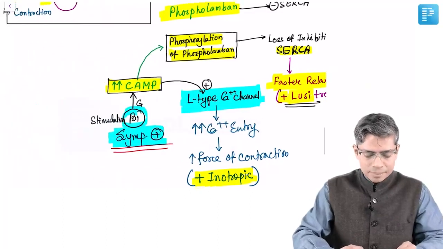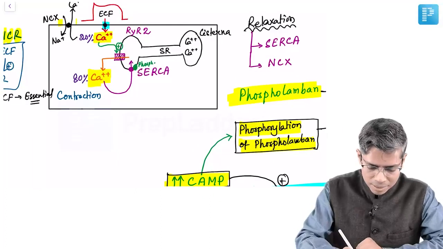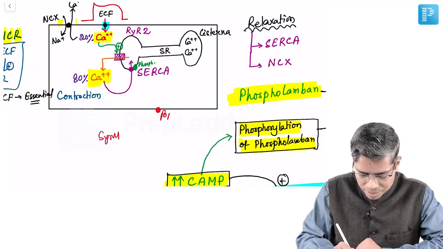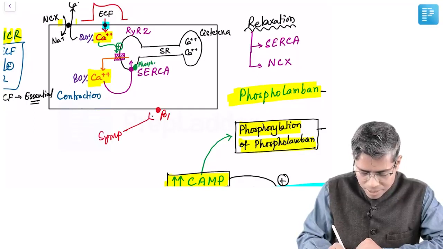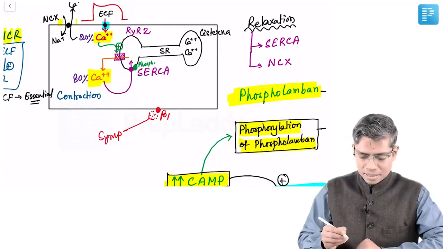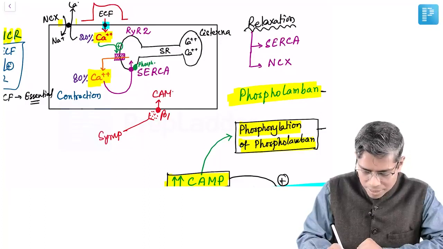So this is a very crucial diagram. In this diagram, I can imagine it like this: here is your beta 1 receptor, right? Whenever you are stimulating the sympathetic system, it releases epinephrine and norepinephrine, that is stimulating this beta 1, and then this beta 1 is producing cAMP, right? cAMP is rising.